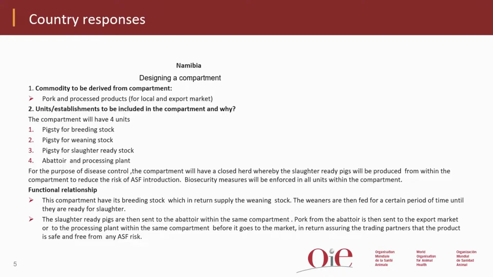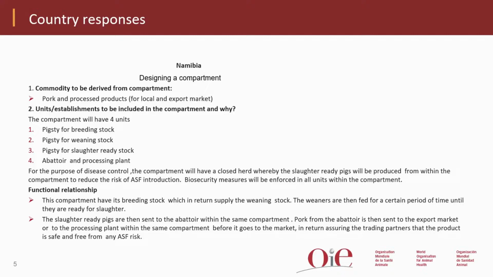Within this compartment, there are going to be 4 units: a pig unit for breeding stock, a pig unit for weaning stock, another unit for slaughter-ready stock, and then an abattoir and a processing plant.